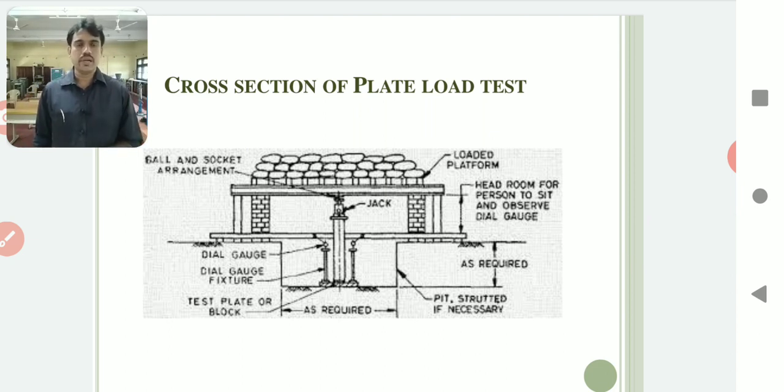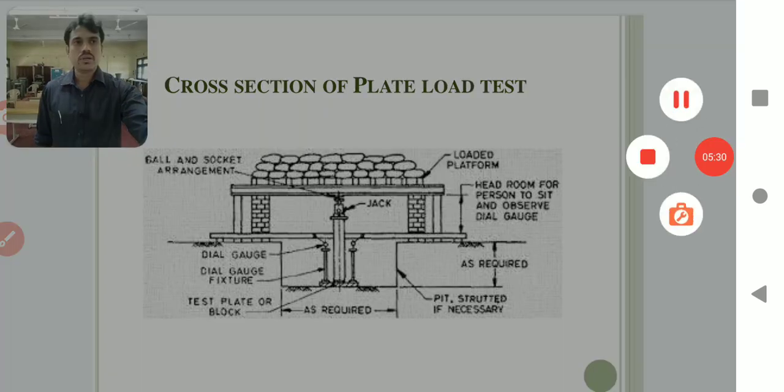So the plate is placed. One minute, I will mark here.